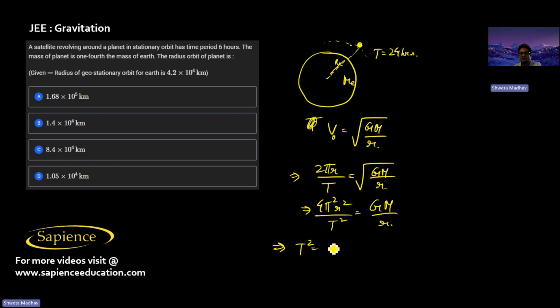So T square will be equal to 4 pi square r cube by G M. So T square is equal to 4 pi square by G M into r cube.